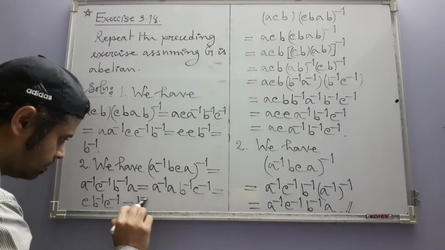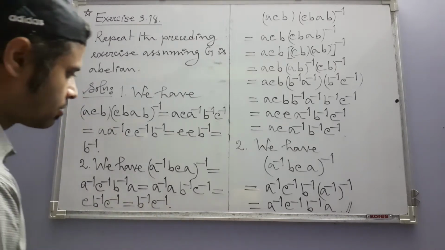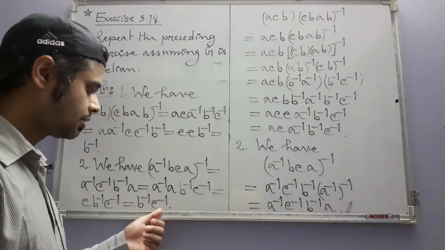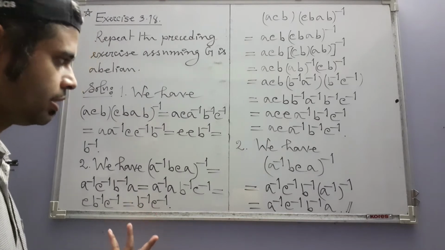So this is B inverse C inverse. Since we don't know any further relationship between B and C, we can do just this much.